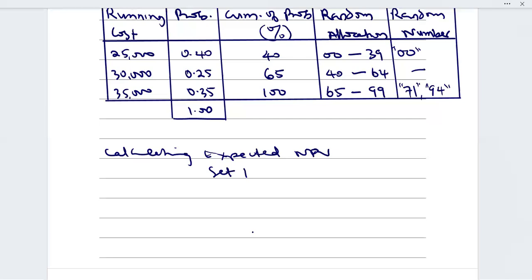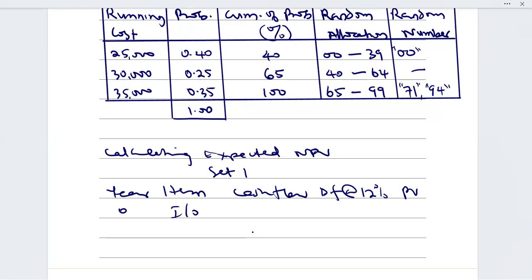For set 1: year, item, cash flow, 12%, present value. Initial outlay is 40,000.